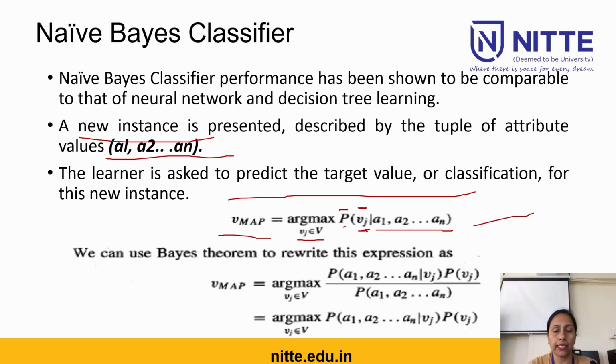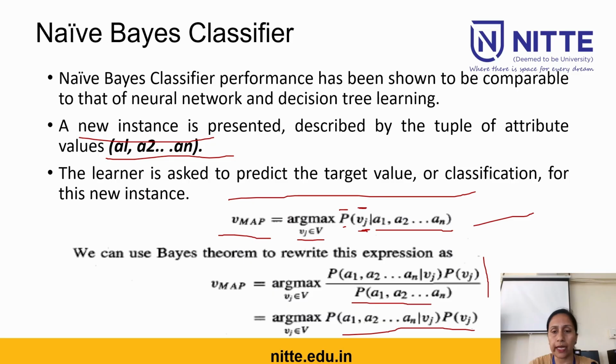If we use the Bayes theorem, which I told you in the previous slide, to write the naive Bayes text classifier, it is the same formula expanded using the Bayes theorem, where the numerator has the probability of all the attributes given Vj, into the prior probability, that is the probability of Vj, divided by the probability of all the attributes A1 to AN. In the next step, you can see that the denominator is neglected.